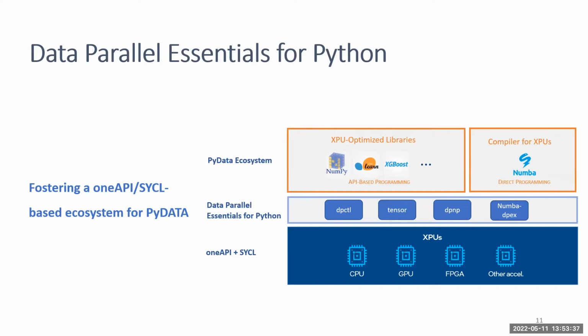Essentially it brings SYCL classes and USM allocators. There is the DPCTL, Data Parallel Control layer, which interacts with the actual devices using Python. Then there is a tensor API, dpctl.tensor, which is a standard Python array API based tensor.